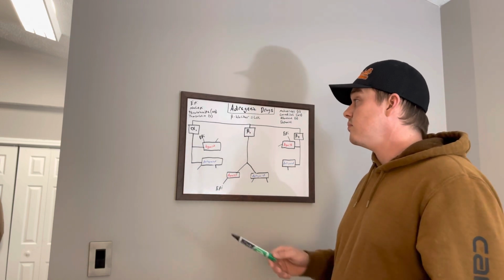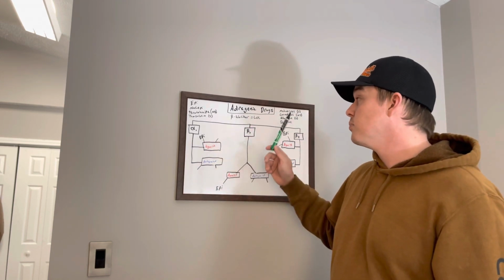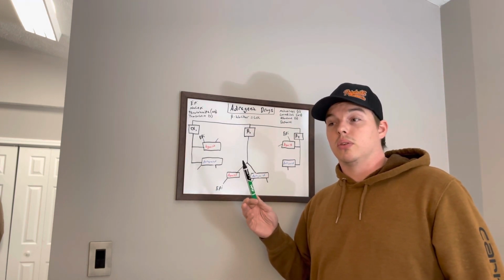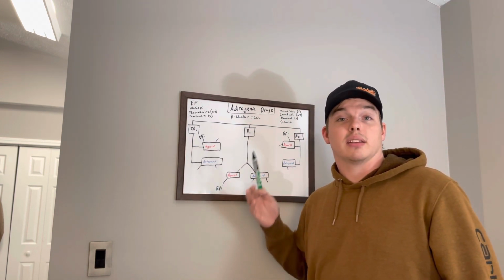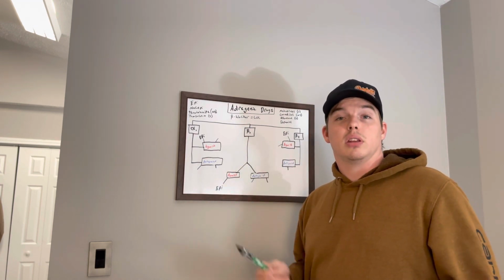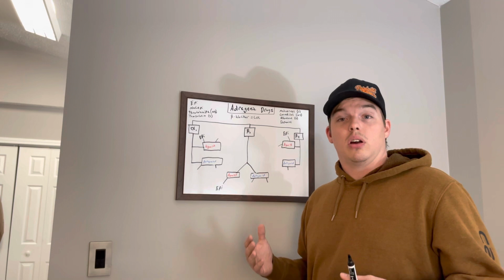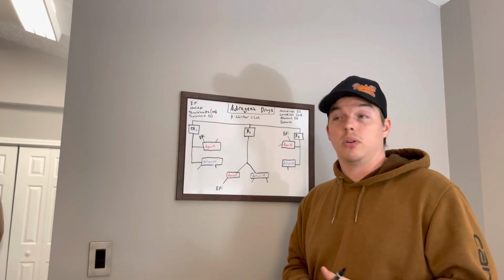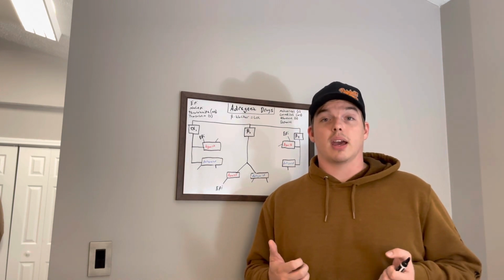So with alpha 1 and beta 1, epi is going to increase the stimulatory effect that they have on organs, on tissues, on the sympathetic response in general. So it's going to enhance that.